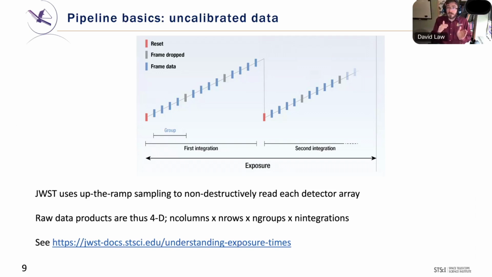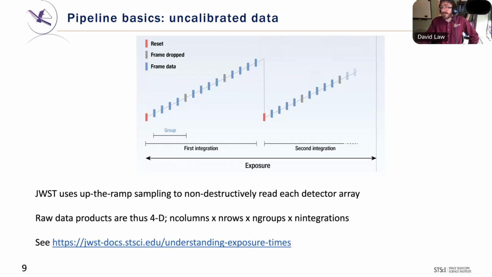And also, because of how these detectors work in the mid and near infrared, you don't just read them out one time and you're done. You can actually read them out non-destructively, meaning you can read them once, wait a bit of time to collect more photons, read them again, and you can keep doing that and build up signal over time. So you actually get measurements that go up a ramp like this, where this is the first group you read in, which is time equals 0.